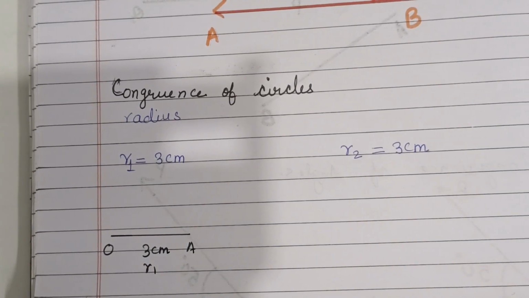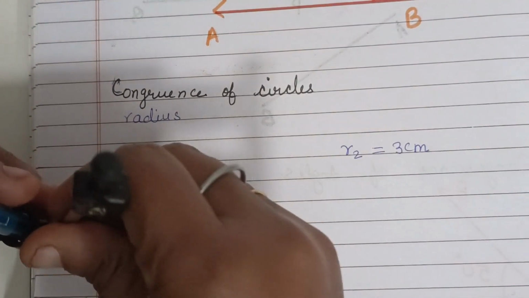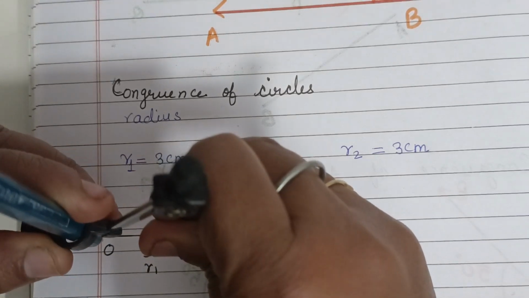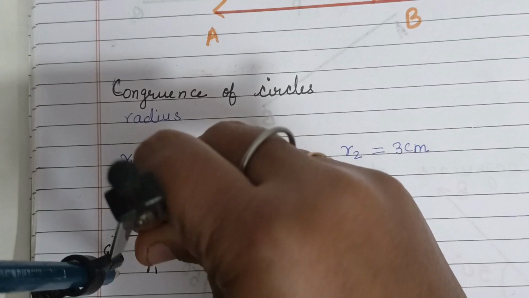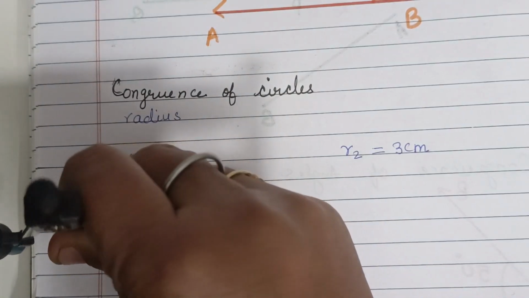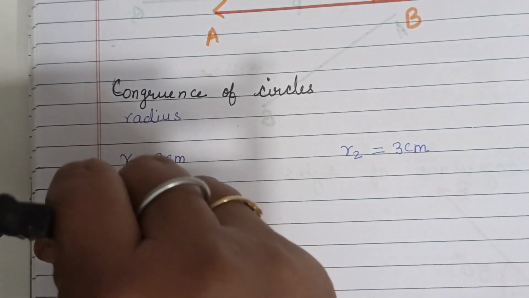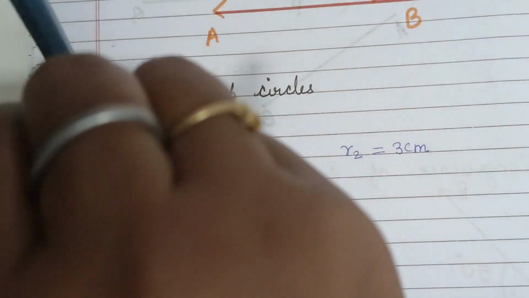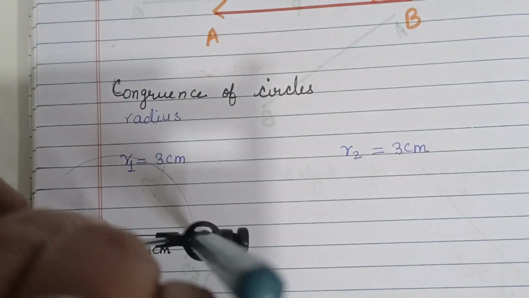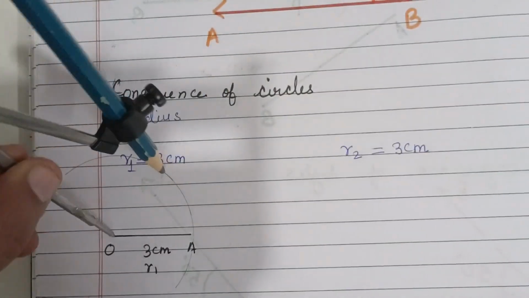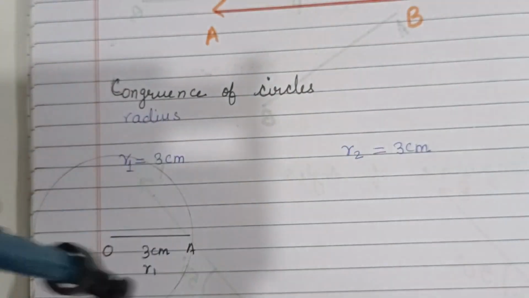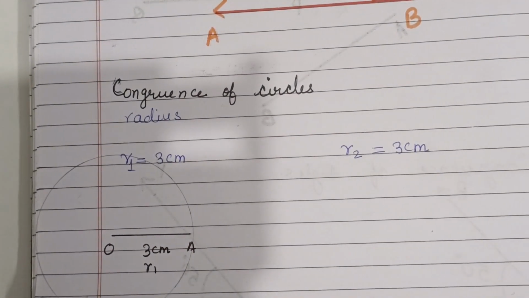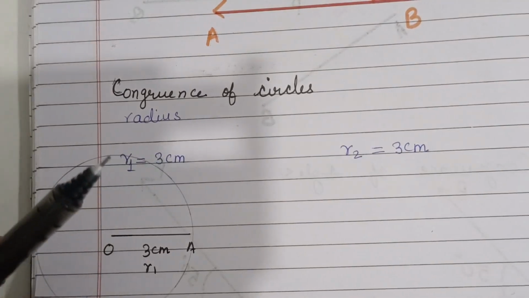Now with the help of the compass, make a circle. Here I have made a circle of 3 centimeters. In the same way, another radius I have taken, that is R2.